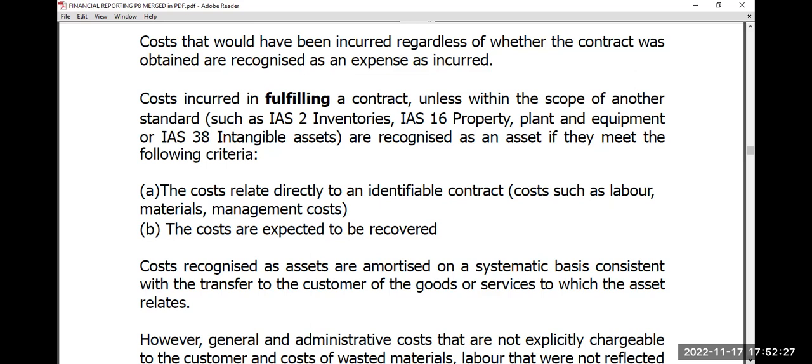And after capitalizing them, we go ahead and amortize. We get the amortization, which we are going to take into our financials. They are capitalized and we amortize them over the contract period.